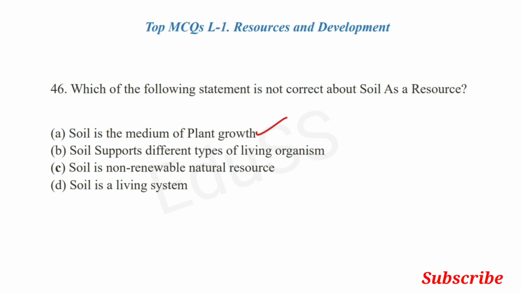Soil supports different types of living organisms, this is also right. Soil is a non-renewable natural resource, this statement is not correct because soil is a renewable natural resource. Soil is a living system, this is also correct. So the option which is not correct is that soil is a non-renewable natural resource.